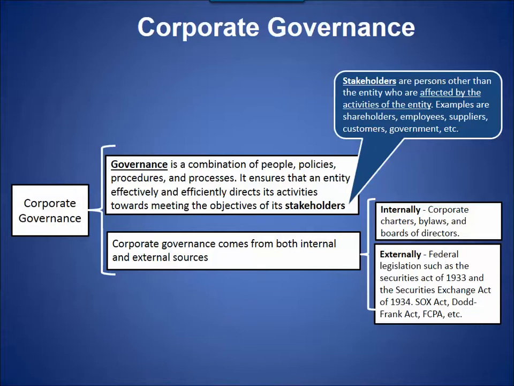We're going to be dealing pretty much with federal legislation, and that's going to include the Securities Act of 1933, the Securities Exchange Act of 1934, the Sarbanes-Oxley Act, or SOX Act of 2002, the Dodd-Frank Act, and last but not least, the FCPA, or the Foreign Corrupt Practices Act. This legislation provides governance requirements to corporate activities.